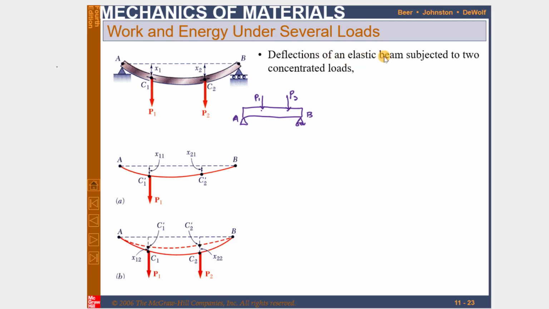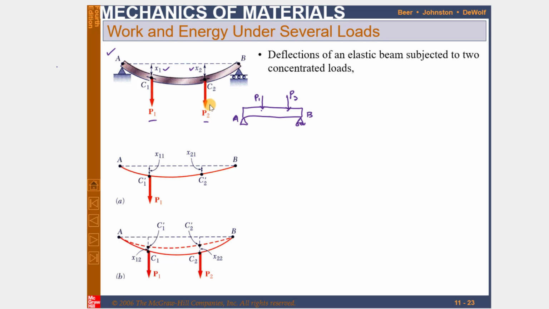The deflection of an elastic beam subjected to two concentrated loads is shown in this figure. After application of loads P1 and P2, there will be deflections x1 and x2. Now x1 is the deflection due to load P1 and x2 is the deflection due to load P2.